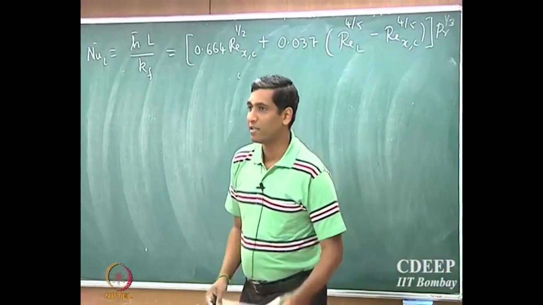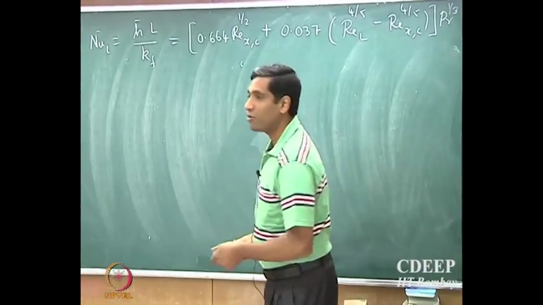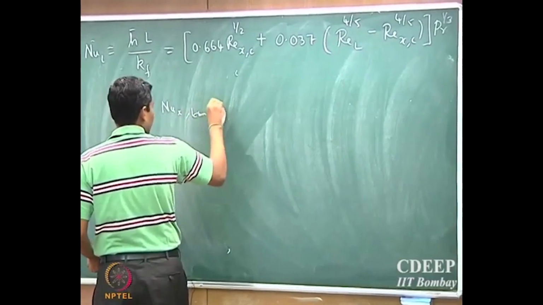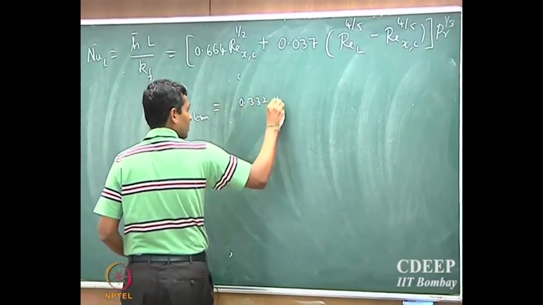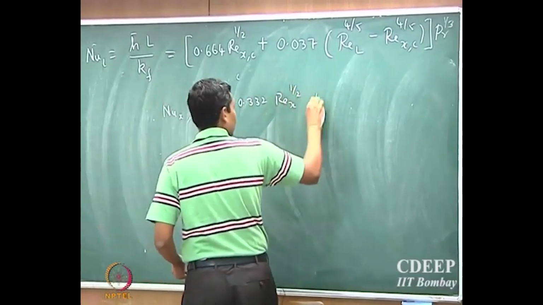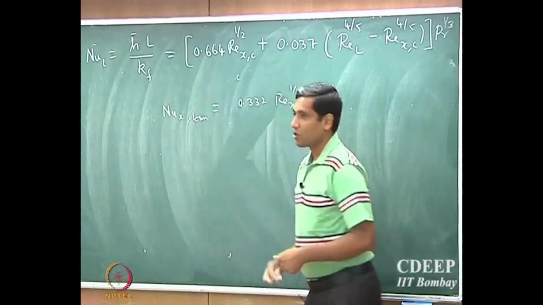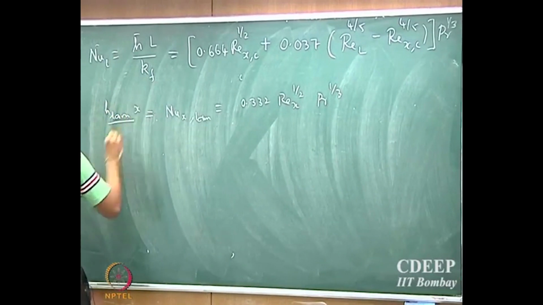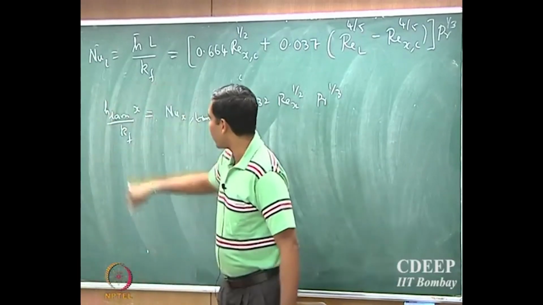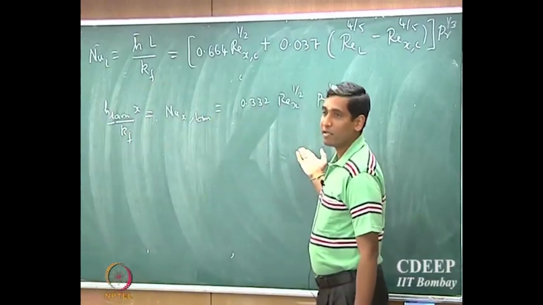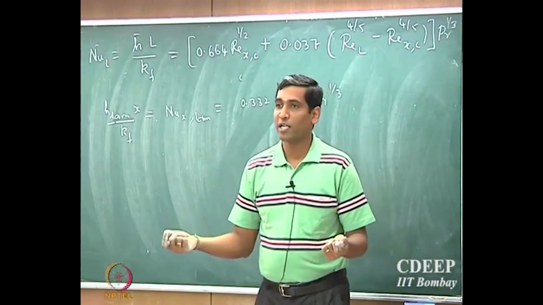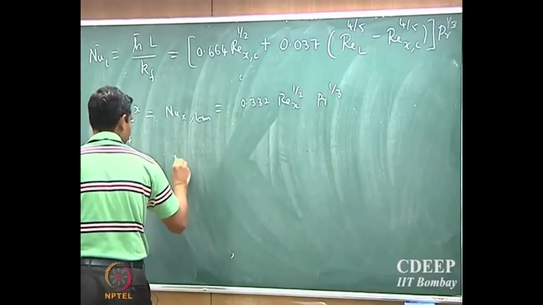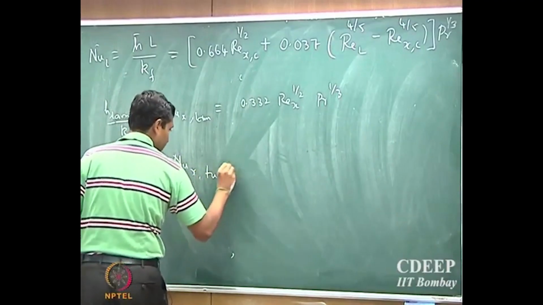So all I have done is I have taken the expression for the local Nusselt number, that is Nu laminar, that's 0.332 Rex Prandtl to the power of 1 by 3. So this is nothing but H laminar into X by Kf. So I have found out what is H laminar from this expression, and then I integrate with respect to the X coordinates up to the critical location, and then similarly I take the expression of Nusselt number for turbulent flow.